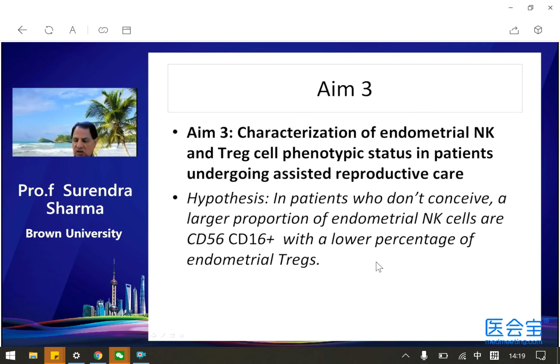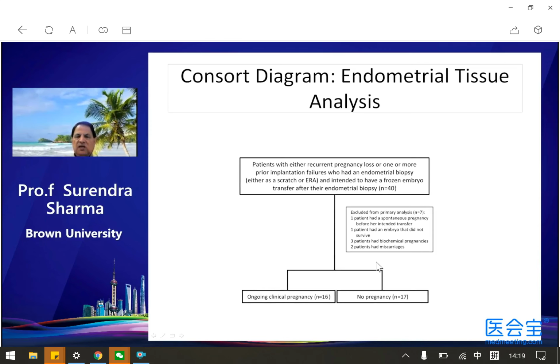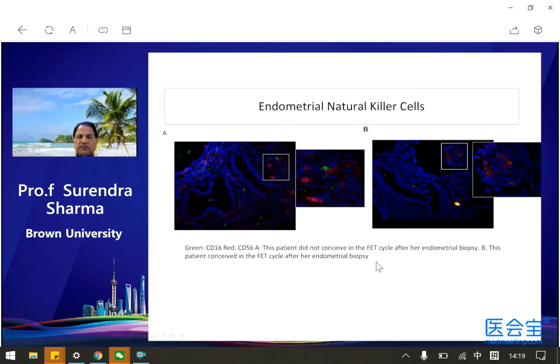This is the consort diagram from the patients from whom we collected samples. They are endometrial biopsies from 40 women, and we divided them into clinical pregnancy and no pregnancy, 16 samples versus 17 samples.